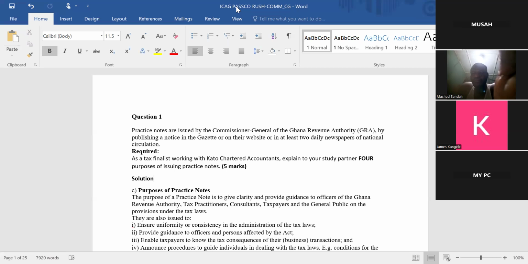If you check the Revenue Administration Act 2016, Act 915, and the Income Tax Act 896, it says that a senior revenue officer can represent the Commissioner General because the Commissioner General cannot be everywhere. So this person can assume some of the powers of the Commissioner General. That is why, as part of the rights of the taxpayer, when a GRA staff comes to your office, you are supposed to ask them for their ID.